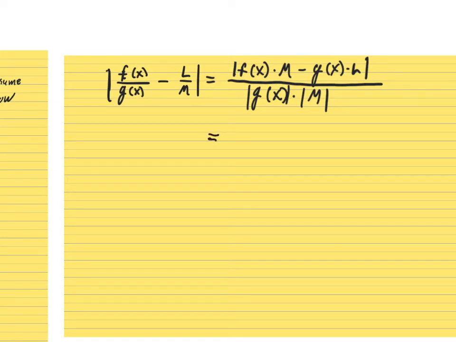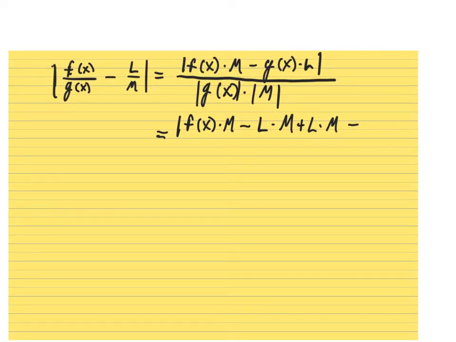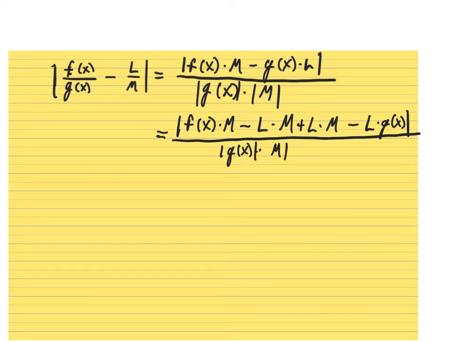That is equal to the absolute value of f of x times m minus L times m plus L times m. Maybe switch the order of the last piece just to make it look a little bit better: L times g of x, all over absolute g of x times m.